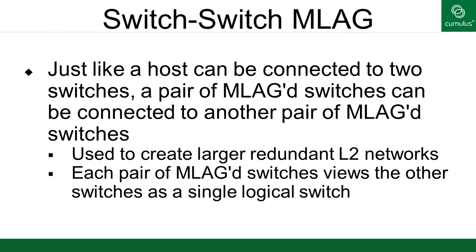So in this case, you could have a pair of MLAG switches connected to another pair of MLAG switches. And in this way, you could extend your layer 2 network beyond just, say, one rack or what's connected to those top-of-rack switches to have a larger domain if you wanted a larger L2 network.